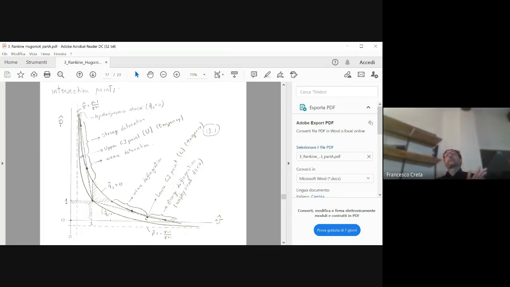So that's pretty interesting because now we have a completely different scenario with respect to the classical hydrodynamic shock scenario. Now we have 2 couples of solutions. Again, I'll repeat it, one for supersonic propagation and the other one for subsonic propagation. So there are 2 couples of solutions that are compatible with the conservation of mass, momentum, and energy.